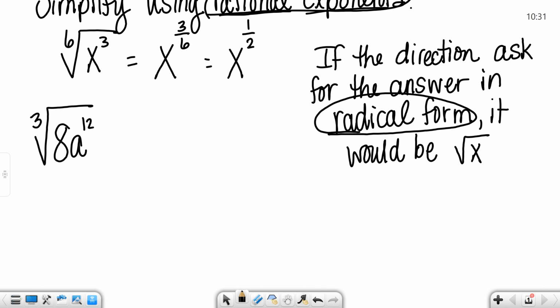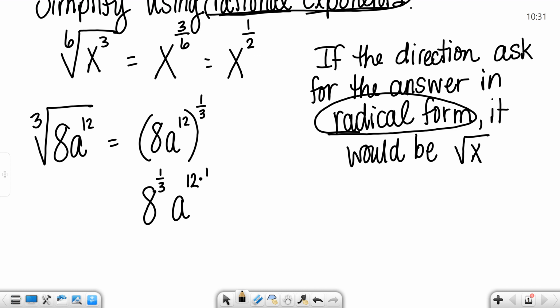Okay. So I've got this radical. I'm going to write it as rational exponents. All right, everything inside gets raised to the 1/3. Not finished because I need to simplify. Now everything in parentheses gets raised to the 1/3.